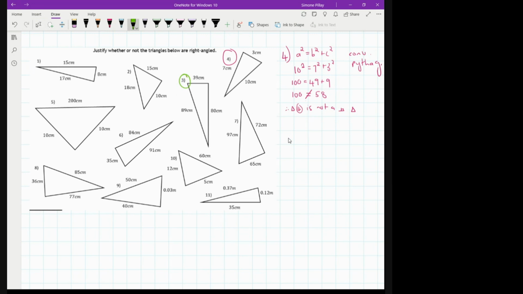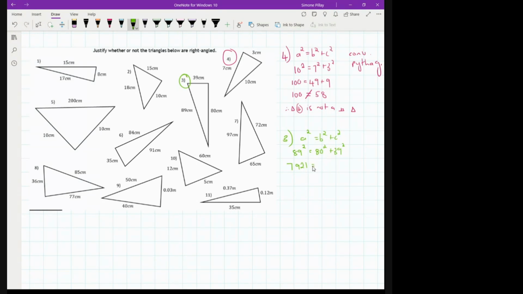So a squared is equal to b squared plus c squared. 89 squared, yes, the longest side, is equal to 80 squared plus 39 squared. 89 squared is equal to 7,921. Beautiful.